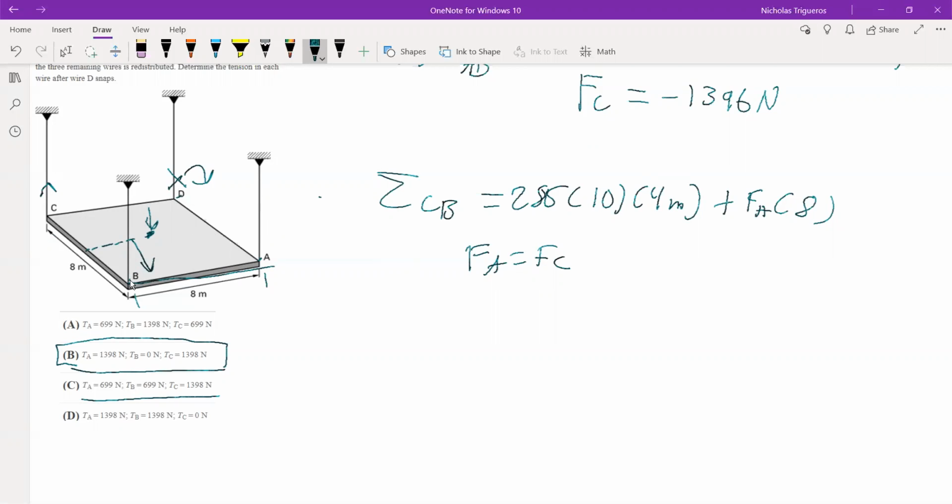And if you notice, this B point has the ability to move upwards, and if B moves upwards, this cord becomes lax, meaning there would be no tension in it at all. So you can immediately tell the only one of these that has 0 for B is choice B. So you could find this answer immediately off the bat if you knew what this looked like physically.